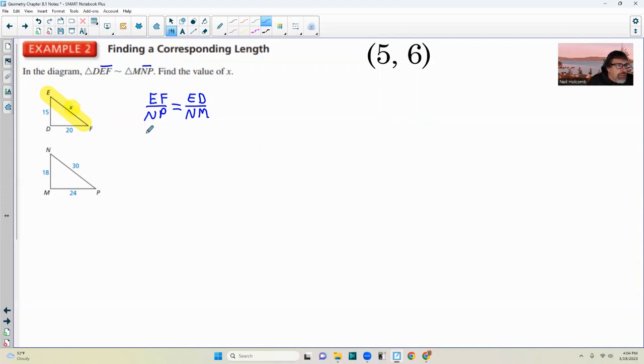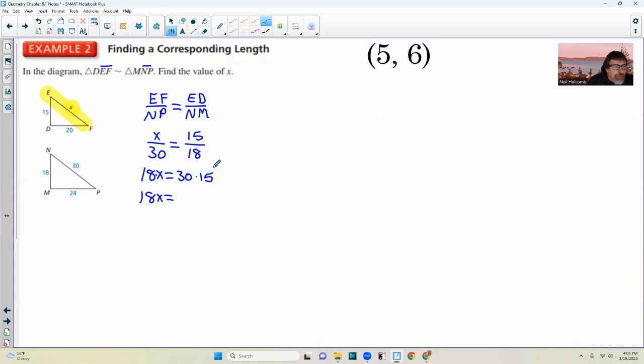So then all I have to do is substitute in my givens. EF is X, NP is 30, equals ED, which is 15, over NM, which is 18. And then to solve for X, we just cross multiply. So 18 times X is 18X equals 30 times 15. So it's going to become 18X equals, well, 30 times 10 is 300, and 5 times 30 is 150.